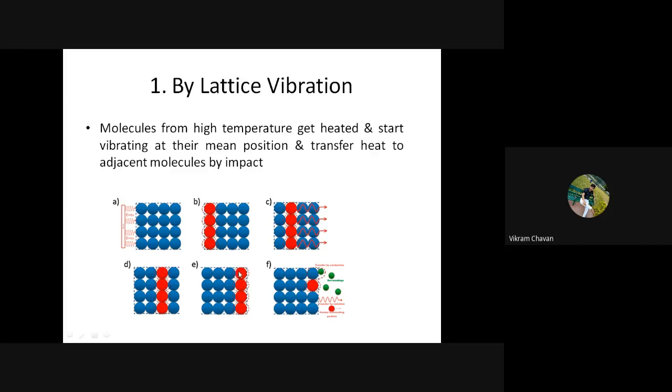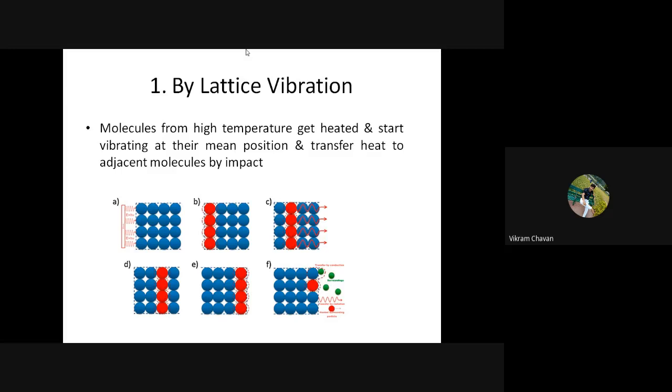In figure E, the heat is transferred to column number 4, and further the heat is transferred to the environment. So what does lattice vibration mean? Molecules from the high temperature region get heated and start vibrating at their mean position and transfer heat to adjacent molecules by impact or collision. That is the lattice vibration mechanism of conduction.